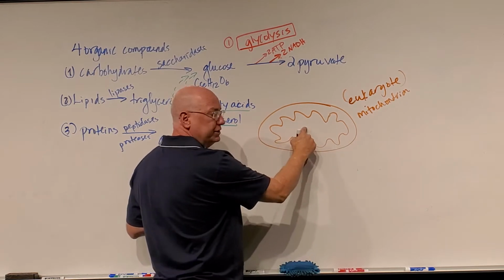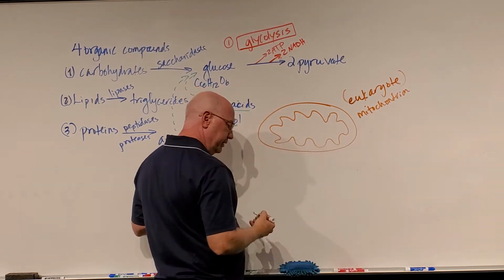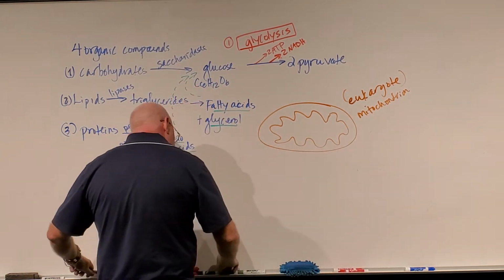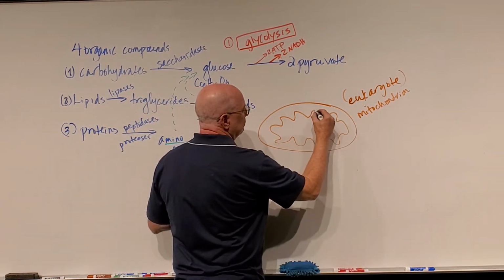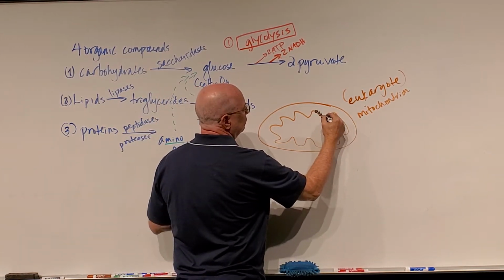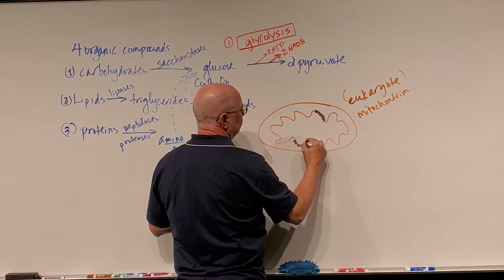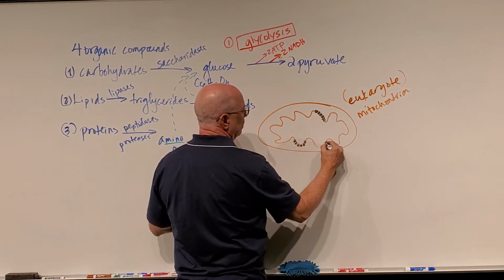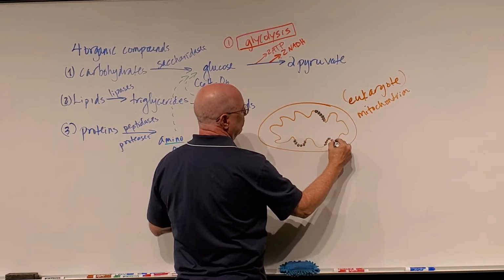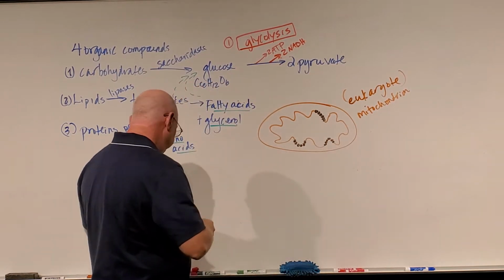We have the matrix inside and then the inner membrane. The inner membrane of a mitochondrion has all these enzymes linked together in little groups of 6, all inside of here. And they're called cytochromes. And they're on the folds of the inner mitochondrial membrane called cristae.